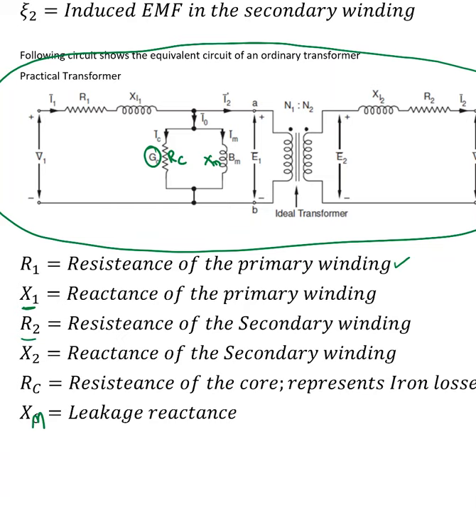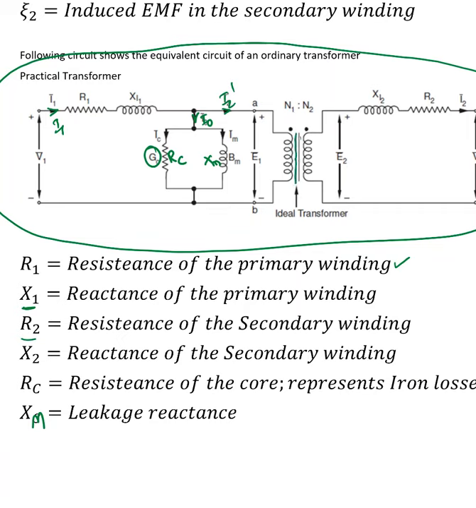Usually, compared to R1, X1, R2, X2, this RC and XM are very big values. Whatever current comes in as I1, I0 is going to go through the core because of the losses. Then I2 prime is going to the load side.